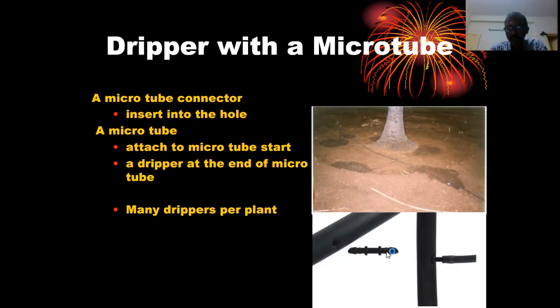At the end of the micro tube, drippers can be connected. So this is how online drippers are used. It can either be placed directly on the lateral, or it can be connected with a micro tube, and at the end of the micro tube one can have drippers.